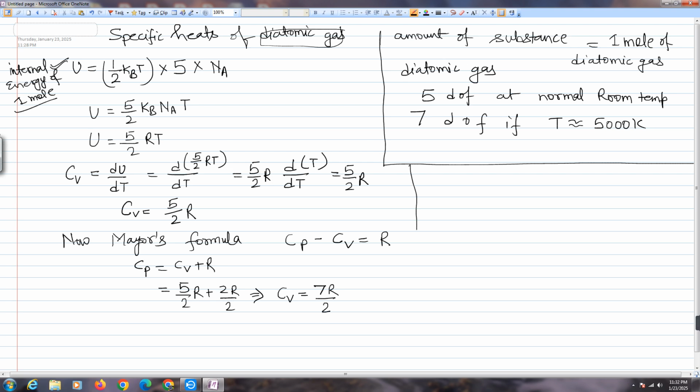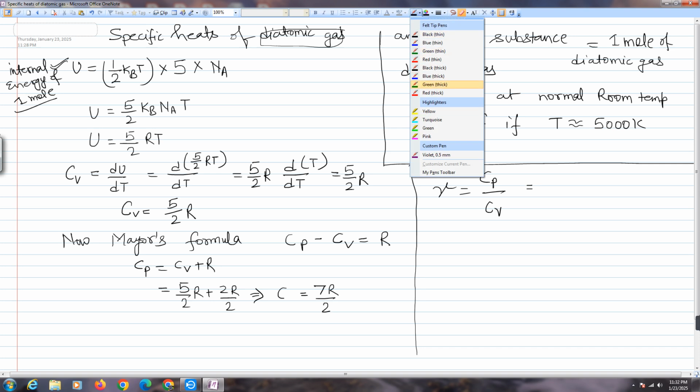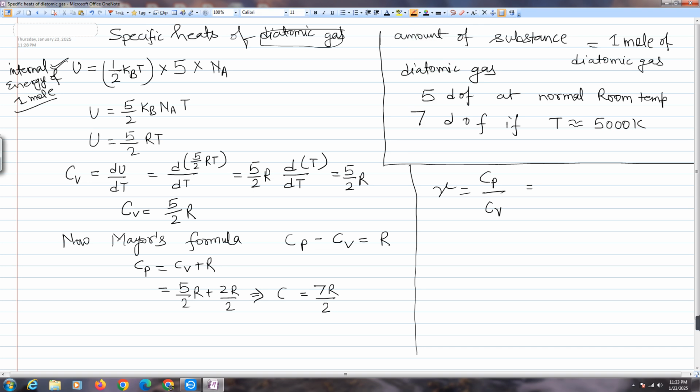And now if we want to find the value of gamma, which is the specific heat ratio, gamma can be written as Cp upon Cv. So the value is Cp upon Cv.